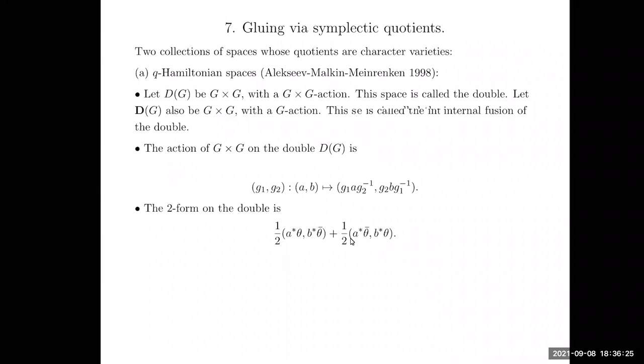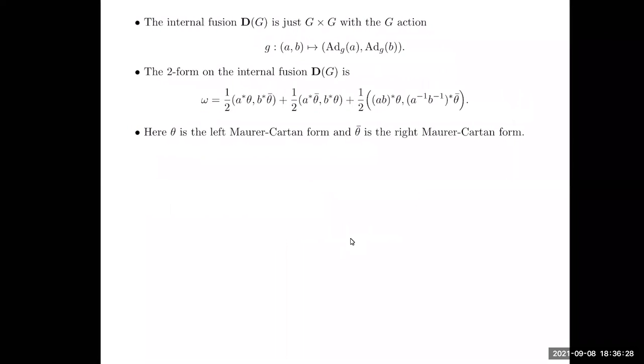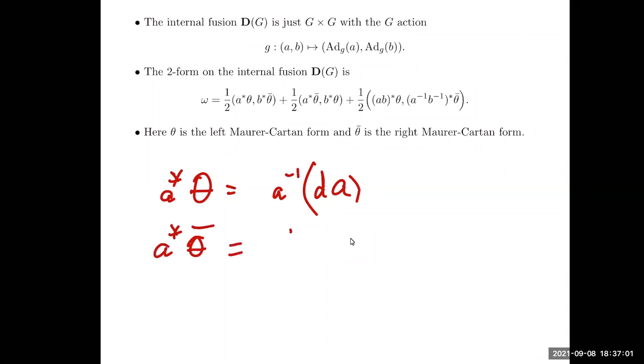Theta is the Maurer-Cartan form, which you can think of as A inverse dA, a matrix-valued one-form. Star R would mean BA.